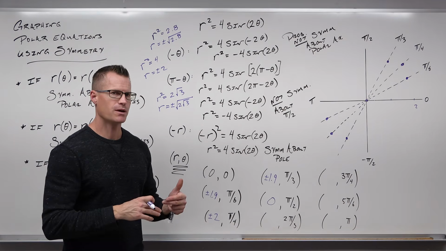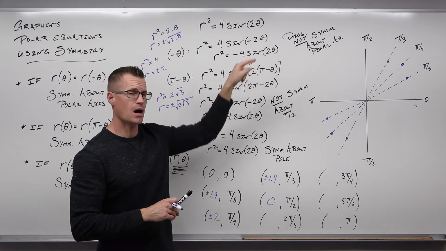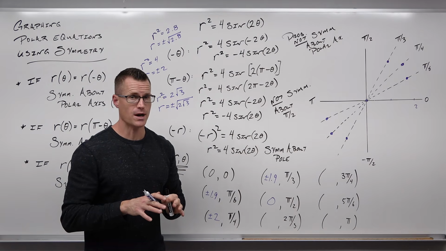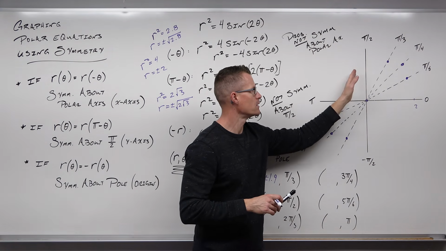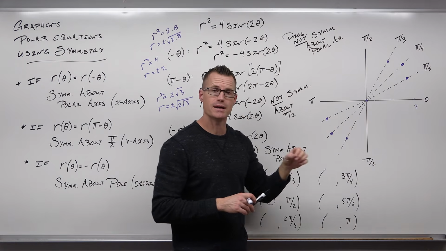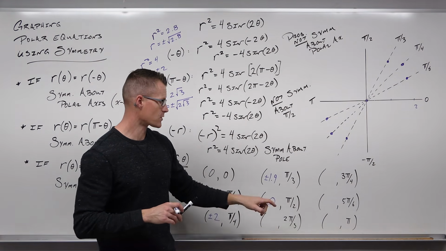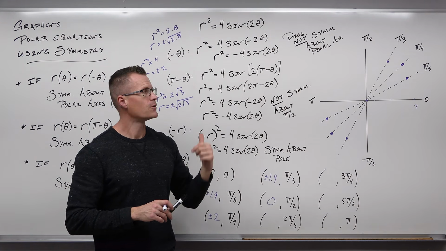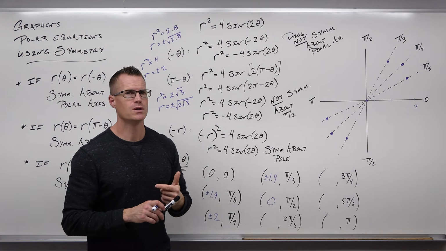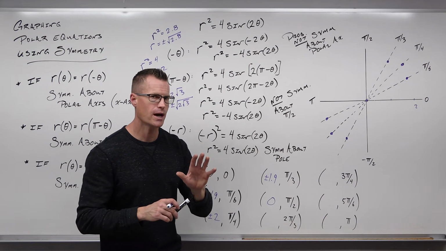When we evaluate 2 pi over 3, 2 times 2 pi over 3 is 4 pi over 3. Now, sine of 4 pi over 3 is negative. Please get this. Sine of 4 pi over 3 is negative square root 3 over 2. 4 times negative square root 3 over 2 is going to give you negative 2 square root 3. But look what you have.